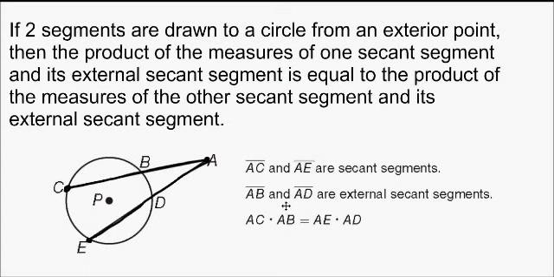AB and AD are external secant segments, because again they're part of a secant line, but that endpoint is on the circle and then it goes outside the circle to point A. So this is saying that AC, the big segment, times AB, the external part, equals AE times AD.